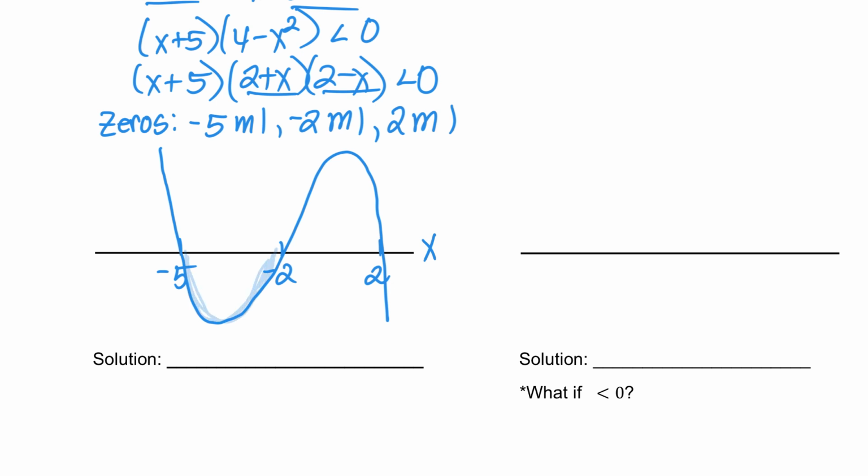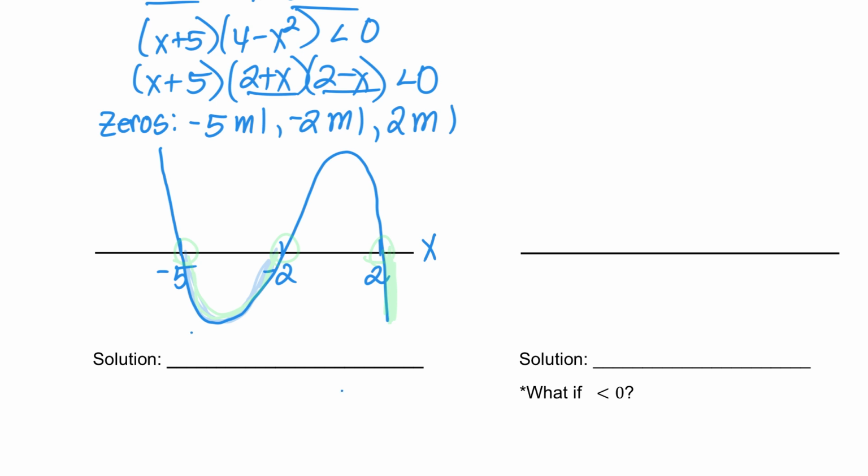You can see that. Change color. Okay, and then this part too. And because it doesn't have the equal to, I have to exclude, do open circles on those points right there, including the -2.